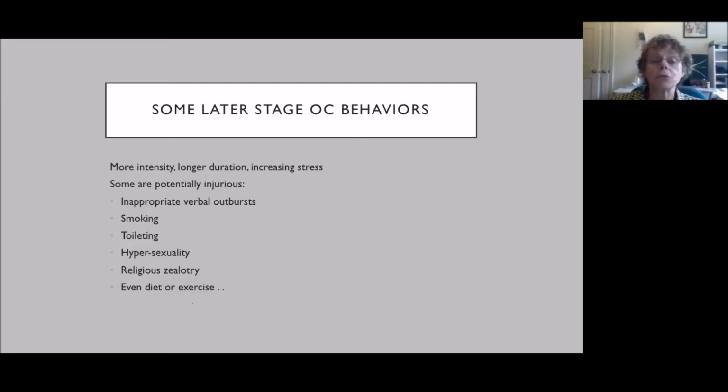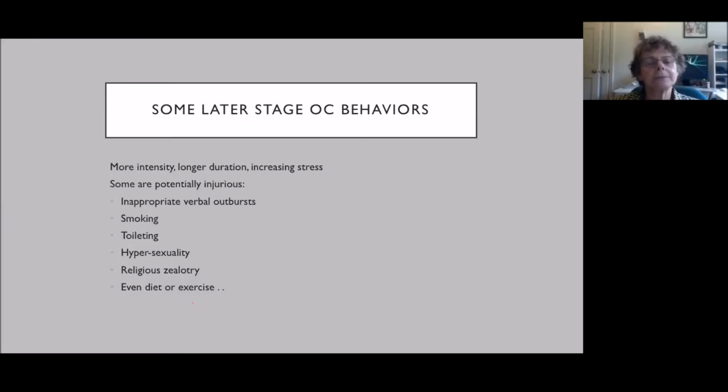He had great difficulty controlling these outbursts, and though he had some insight into the fact that it was inappropriate, it was something that he just couldn't stop sometimes. And of course, it was socially embarrassing to both him and his family. So it can be harmful in terms of social interactions.